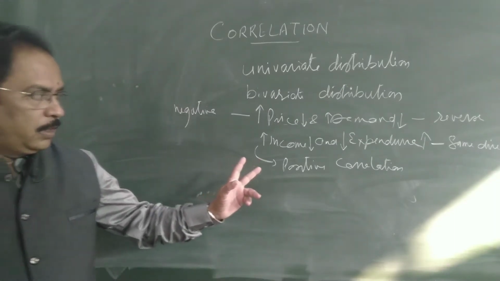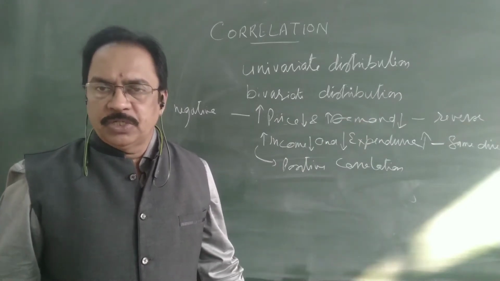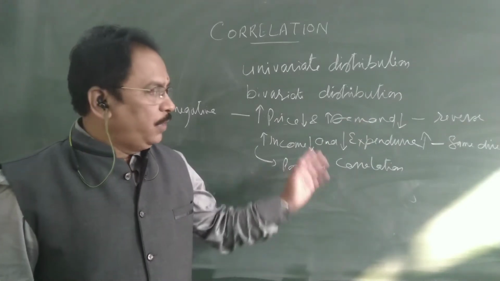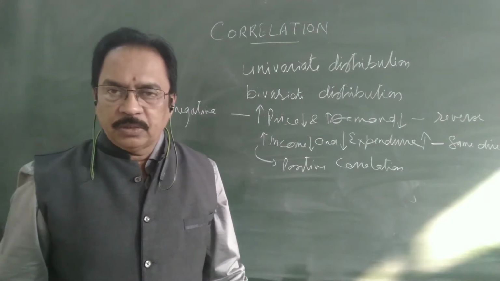So if both variables move in the same direction, that is called positive correlation. If one is increasing and the other is decreasing, that is called negative correlation.